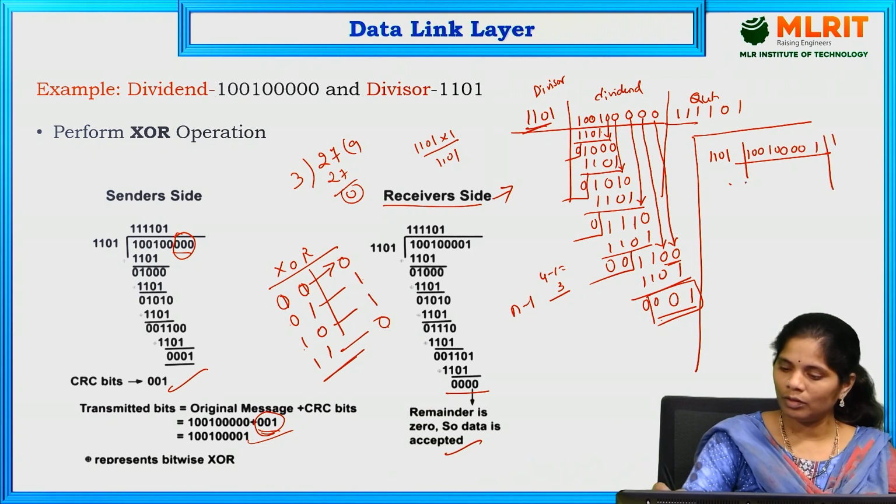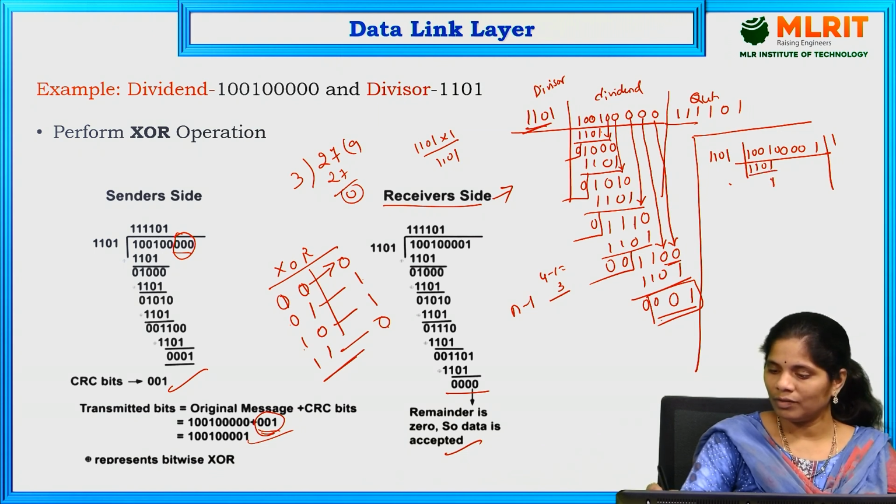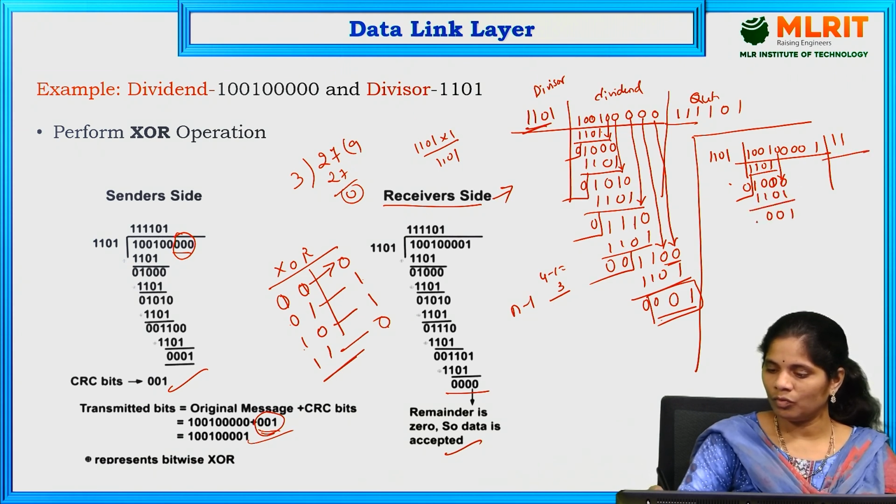So I am doing here 1 1 1 0 1 1. 1 1 0 1 1 is 0, 1 0 0 is 0, 0 1 1, 1 1 is 0. Again, next 0 0 1 1 0 1. This is the 1. Next 1 0 0. Sorry, here is 1. Here is 0. Again, next is 1 0.